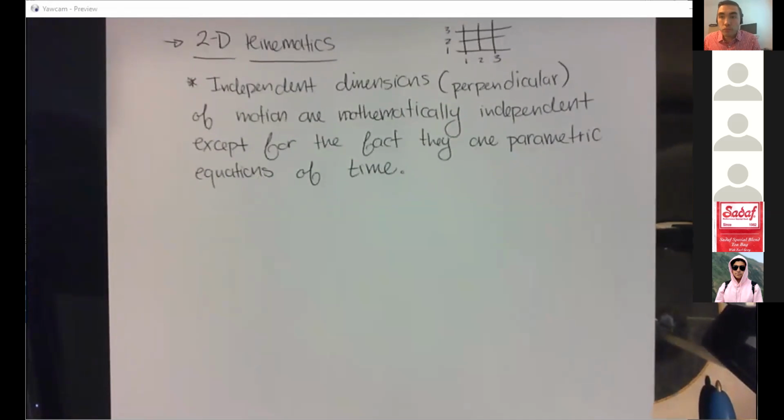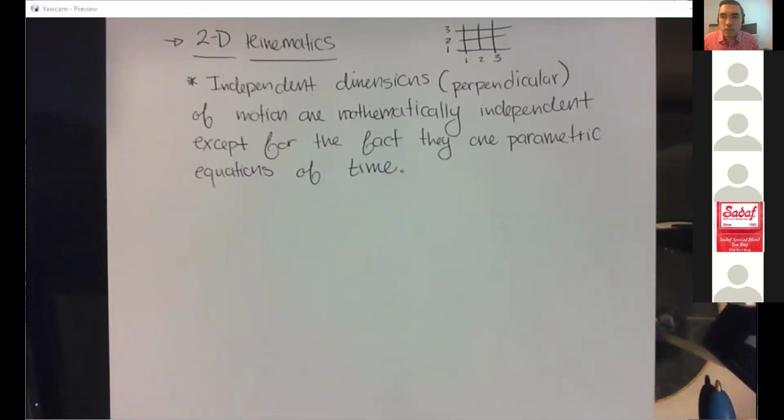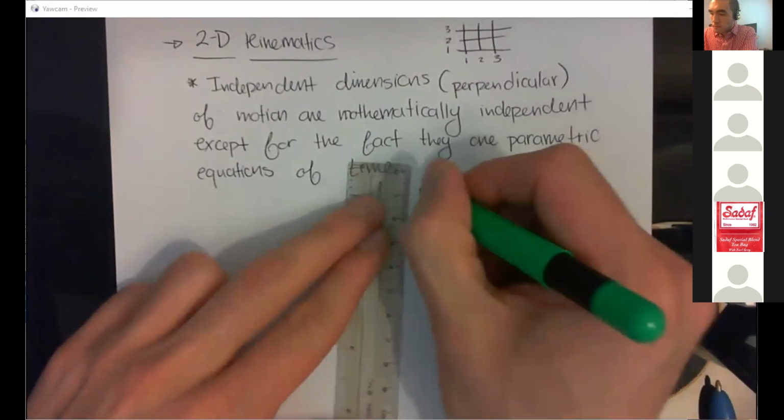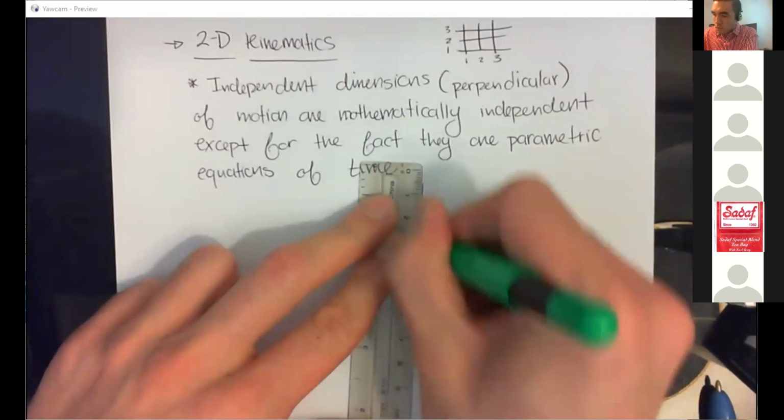You get one equation of motion in the x direction, you get another equation of motion in the y direction, and both of those are a parametric that describes the overall pathway. Back from pre-cal, do y'all remember parametrics? No.